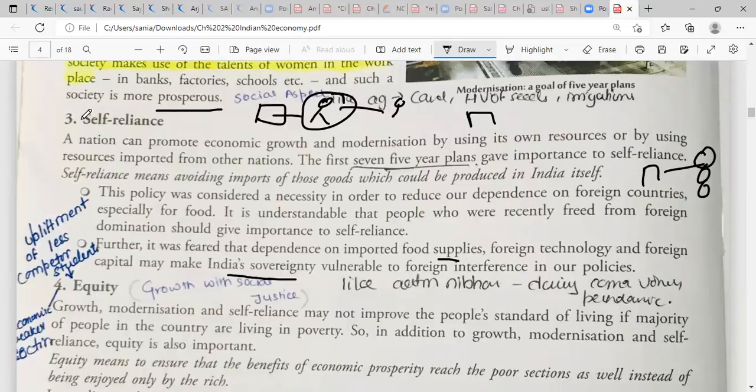Yes, ma'am. Okay. You'll write third, self-reliance, and then you'll write self-reliance means avoiding imports of those goods. Still here, write it down.